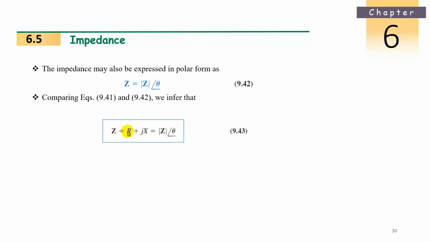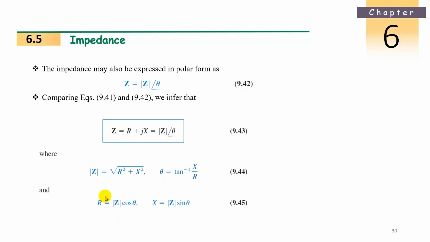Z is the square root of R square plus X square, and theta is tan inverse of X divided by R. Whatever angle comes, it can be written here.